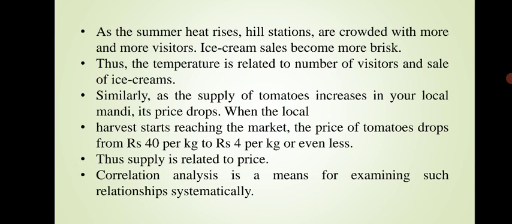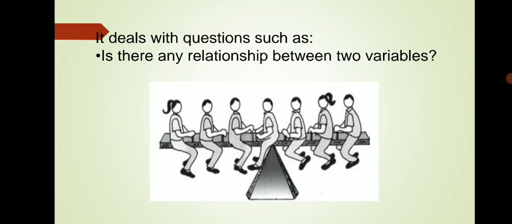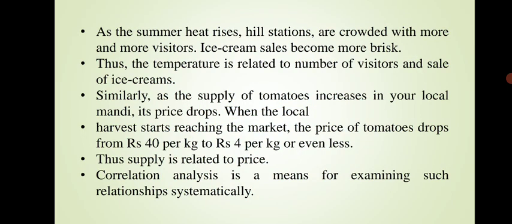Correlation analysis is a means of examining such relationships in a systematic way. Correlation is an important parameter used to calculate various day-to-day phenomena based on this principle, and there are so many examples, as we have discussed.